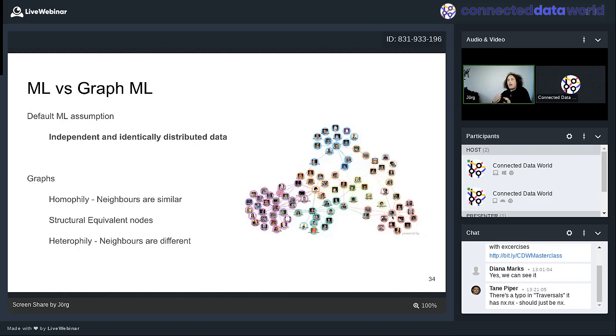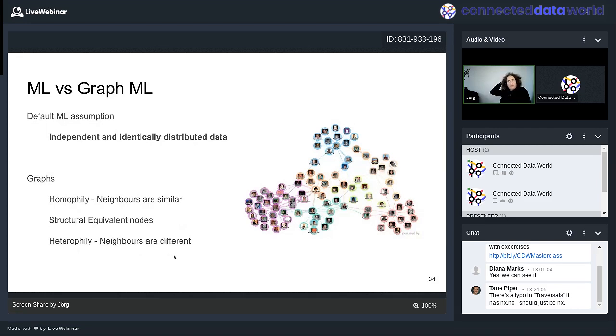So they are highly connected nodes. And often those structurally equivalent nodes share certain properties and might have different properties from the neighboring nodes.